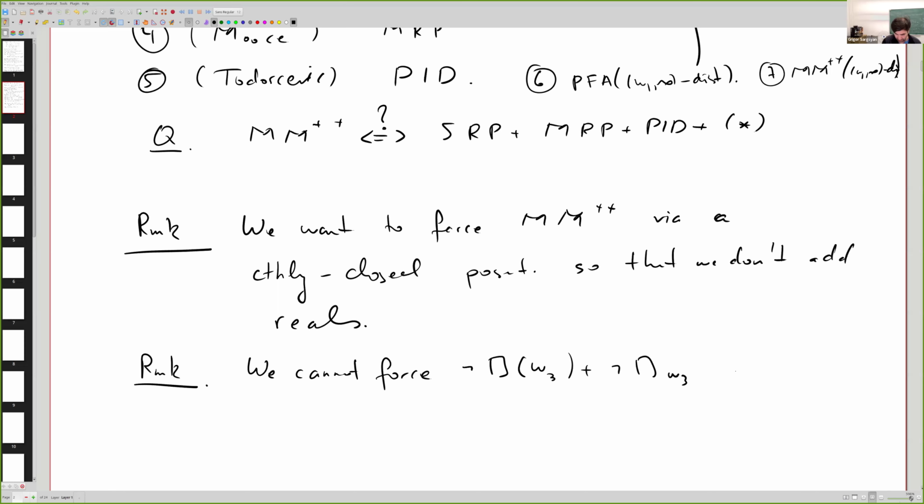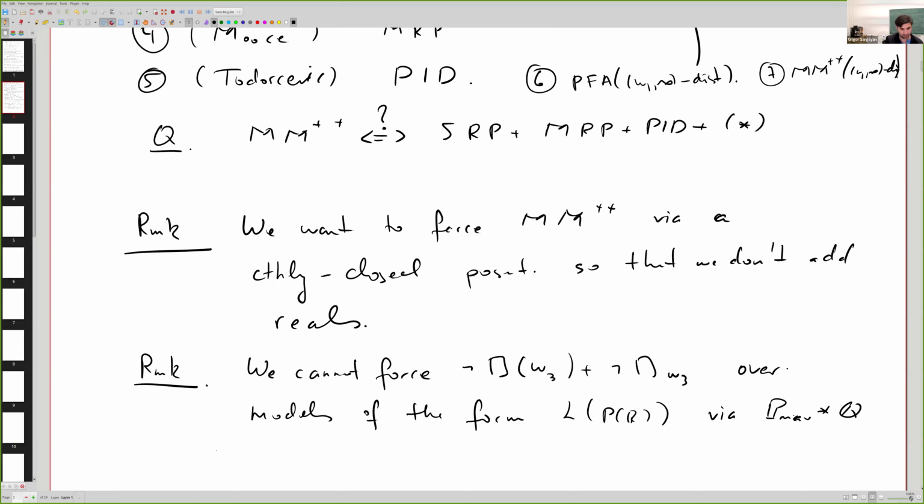We cannot force these over models of the form Pmax followed by some Q, which is omega 3 closed. Again, when I say force, I always have the theta equals omega 3 situation in my mind.